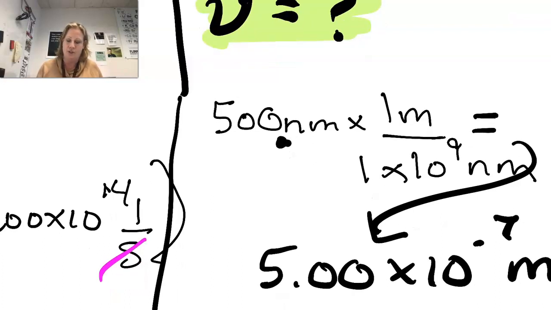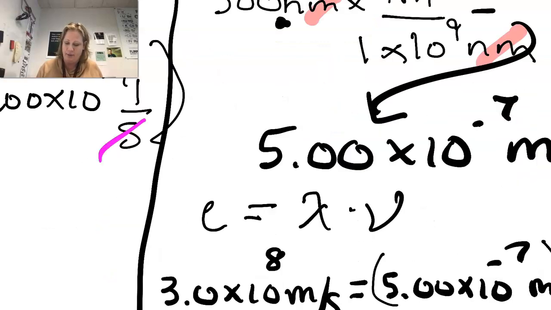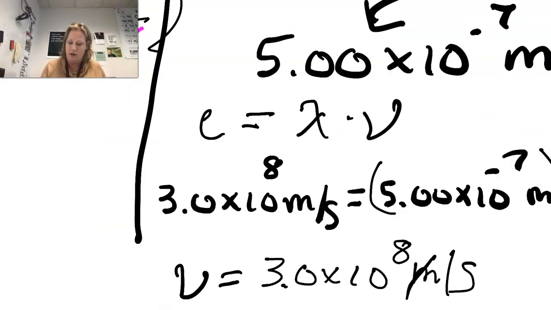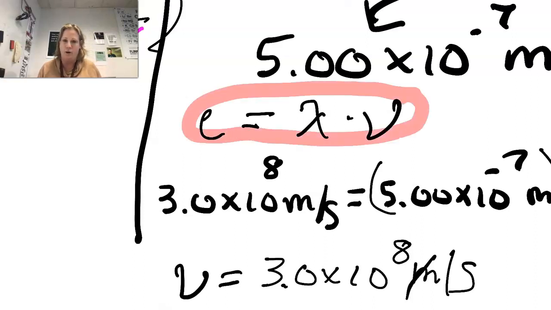I'm using dimensional analysis. You can see that there's 10 to the 9th nanometers in 1 meter, and I end up getting 5 times 10 to the negative 7th meters. Then I can plug that into our speed of light equation and solve for frequency.